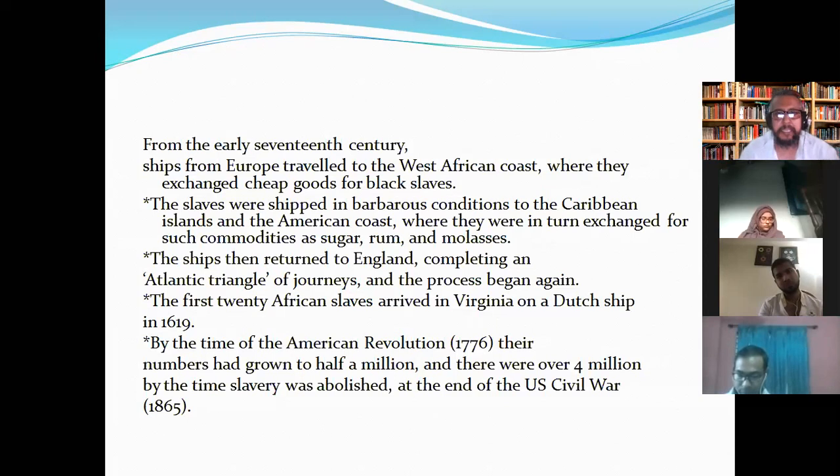By the time of the American Revolution, 1776, their number had grown into 500,000. So in 1619, only 20 black slaves were handed over to America, and in about 150 years, their population became 500,000, and there were over 4 million by the time slavery was abolished.